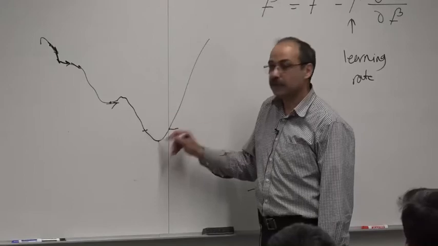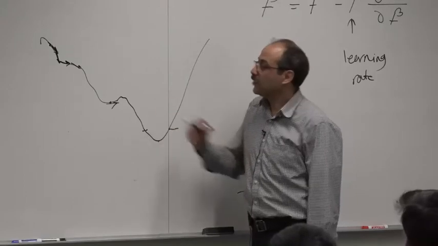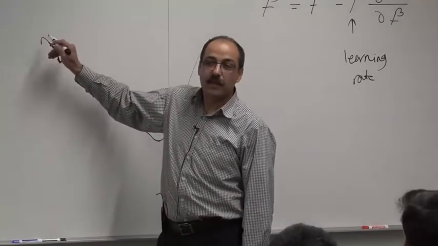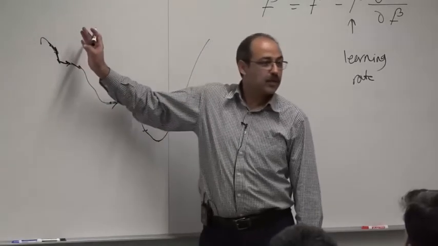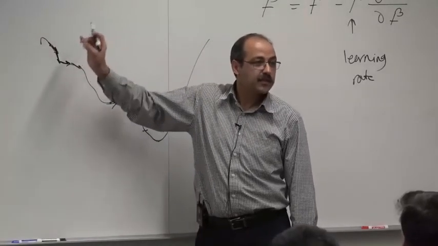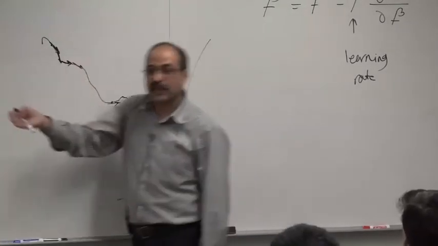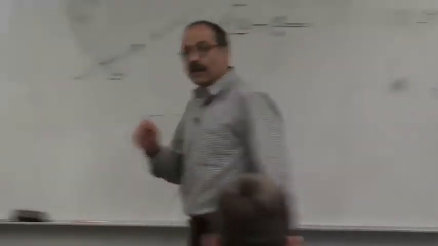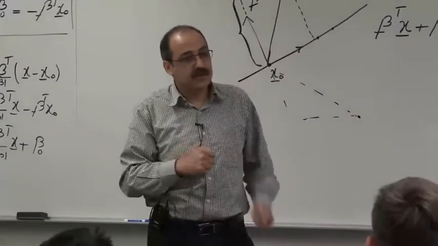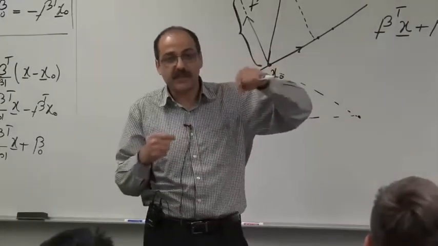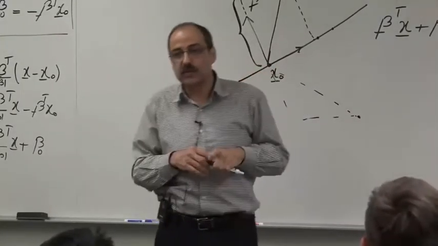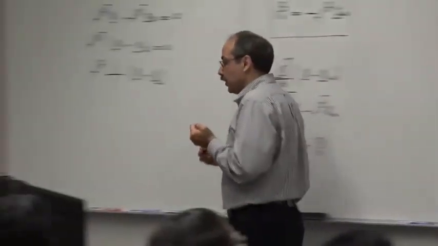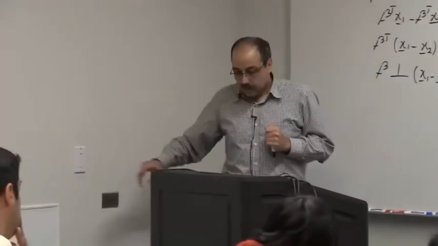I never see this point. And if it's too small, the learning will be quite slow, because I take very small steps. So in practice, the learning rate would be adaptive. We start with a large one, and then we make it small when we are closer to the point.